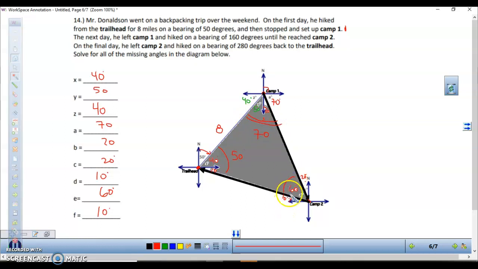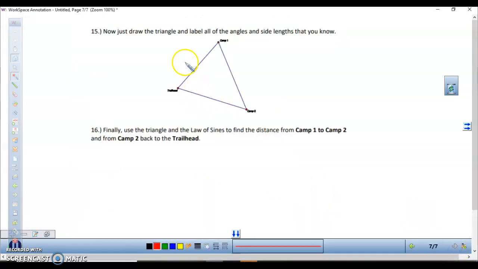And I already knew that was 60. And one quick thing I could do to determine if I'm on the right path is, well, all the angles in a triangle have to add to 180 degrees. And in this case, they most certainly do. So 50, 70, 60. And I know this side is 8. So I know that this was 50, 70, 60 degrees.